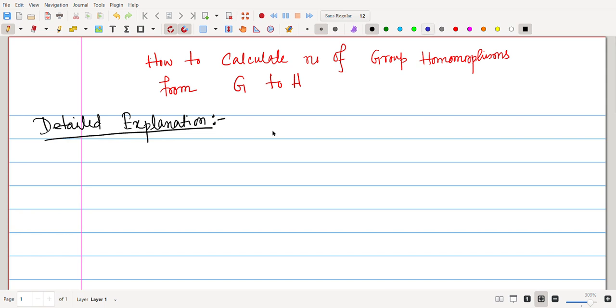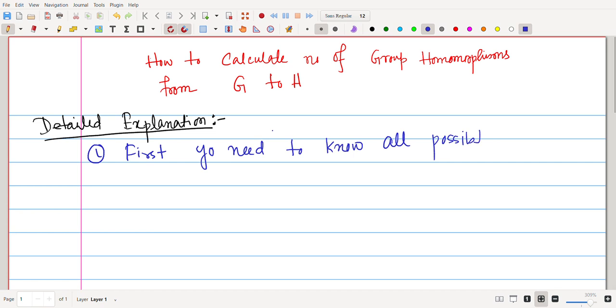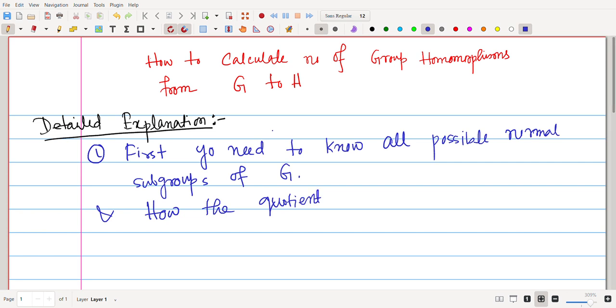First, you need to know all possible normal subgroups of G, and how the quotients look like.